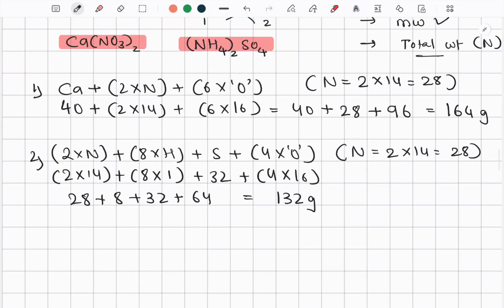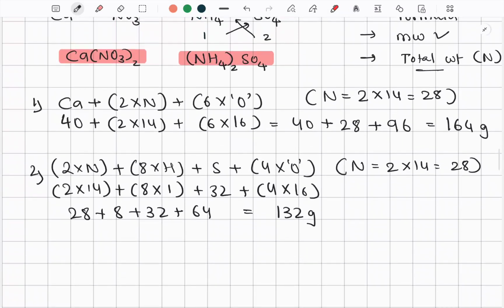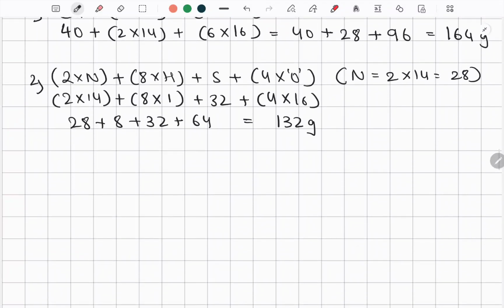Now the final part, which is to calculate the percentage by weight of nitrogen in calcium nitrate as well as in the ammonium sulfate. So let's go for the percentage of nitrogen in calcium nitrate.